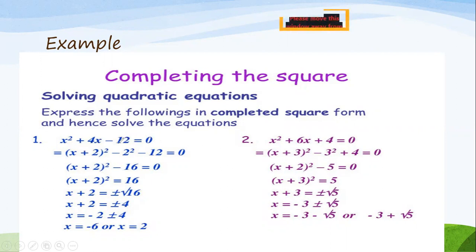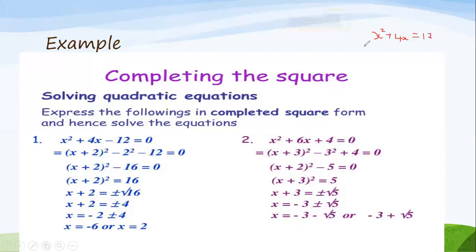You can leave the 12 here, but most times it is easier to first take the 12 to the other side, such that it becomes x squared minus 4x equals 12.